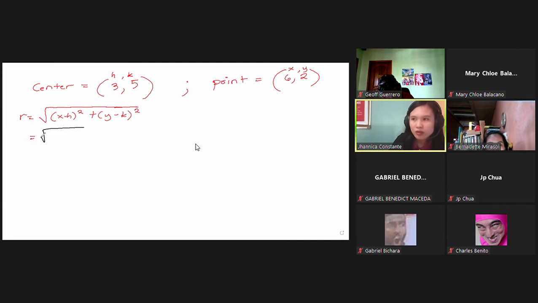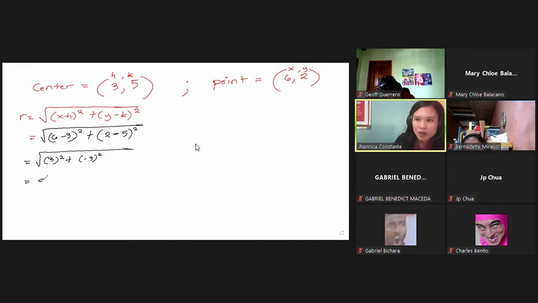So the square root of x is 6 minus 3 squared plus y is 2 minus 5 squared. So the square root of 6 minus 3 is 3 squared plus 2 minus 5 is negative 3 squared. So 3 squared is 9, 9 plus 9 is equal to 18.